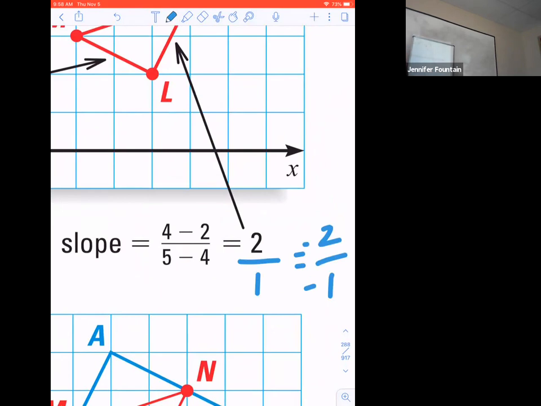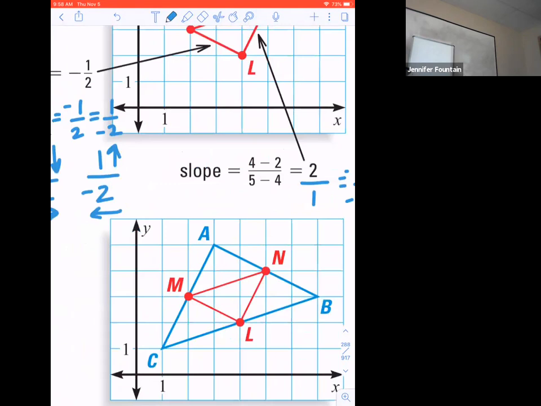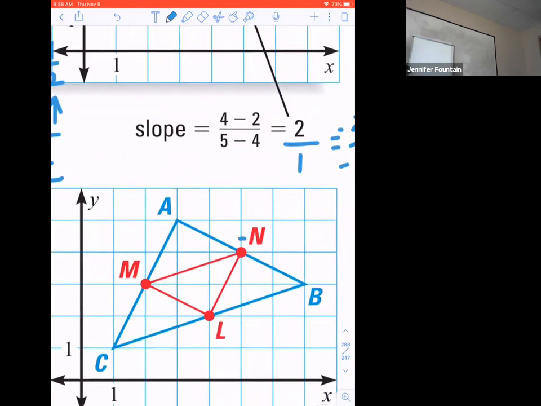So now what I'm going to do is use those slopes to determine additional points on my line. So notice here, I had N. Okay, if I started with N, how do I get to A? How do I go from N to A?